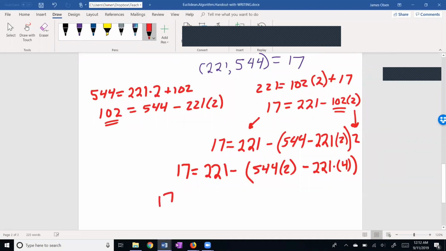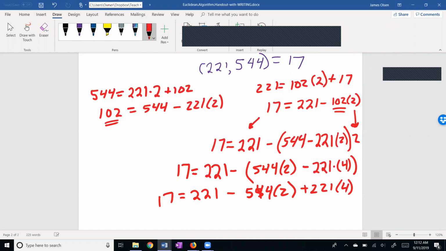So I have 17 equals 221. And when this negative sign gets distributed through, all the signs change. So we have 544 times 2. By the way, don't multiply these out. Leave them factored. Plus 221 times 4.